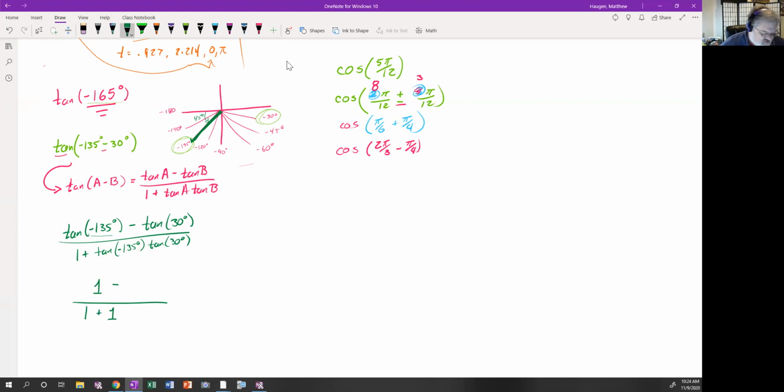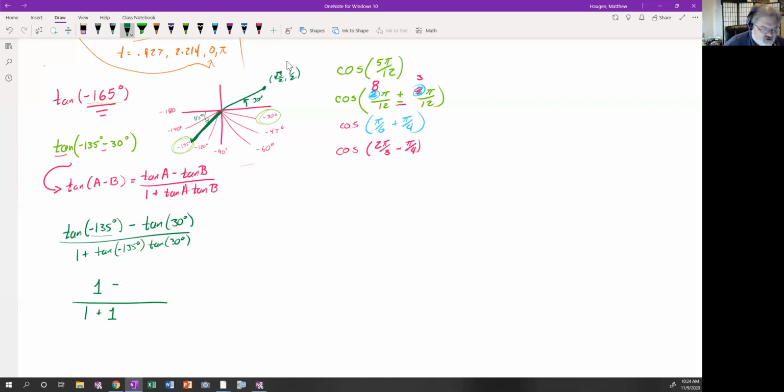So those tangent negative 135s are just a nice 1. It's a nice thing about tangent at those 45s. Tangent at 30, we know 30 degrees, same thing as that pi over 6 radians, is at the square root of 3 over 2, 1/2.